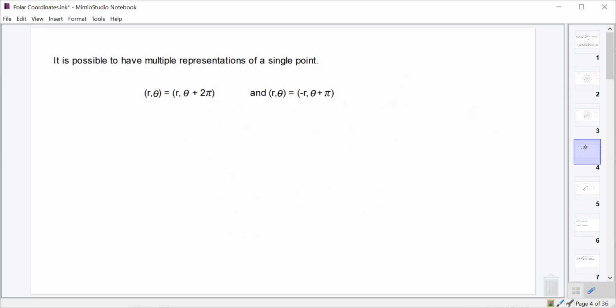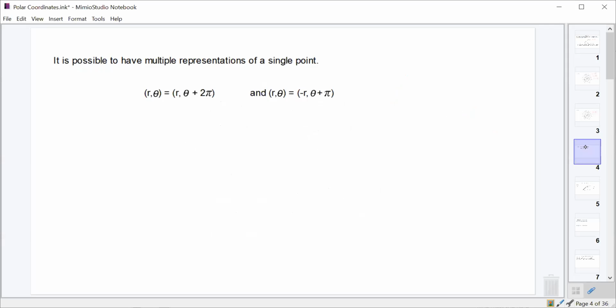Good. Perfect. So this is the way you can get different representations. R comma theta is always equal to R comma theta plus 2 pi, or really theta plus 2 pi times n, where n is any integer. So you can always add 2 pi or 4 pi or 6 pi or 8 pi to that angle and get the same point.